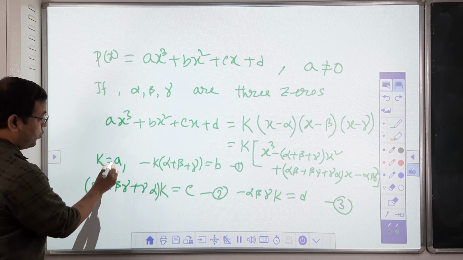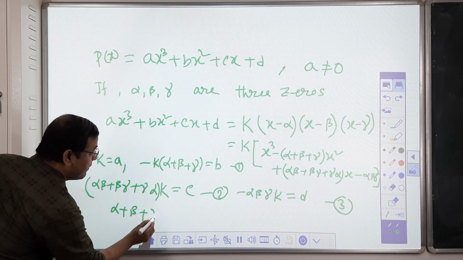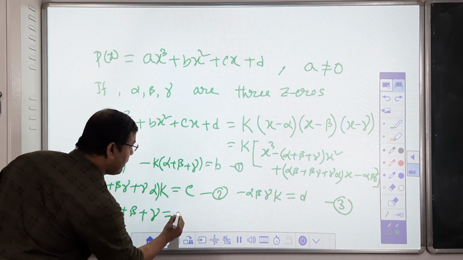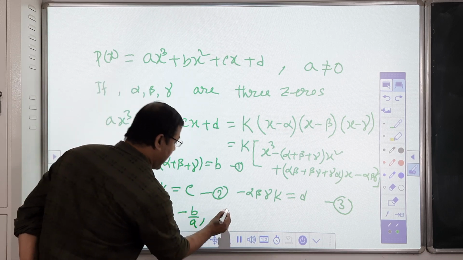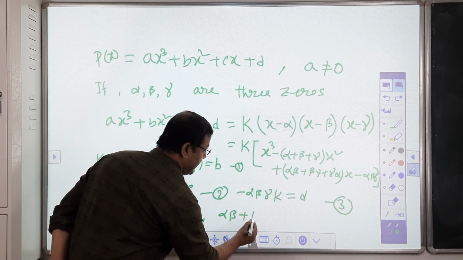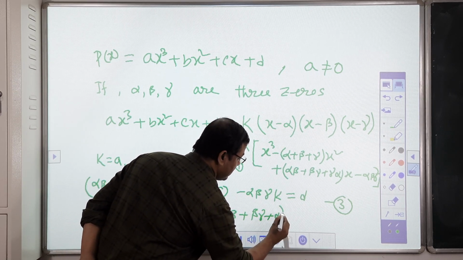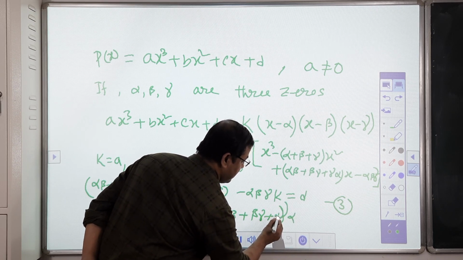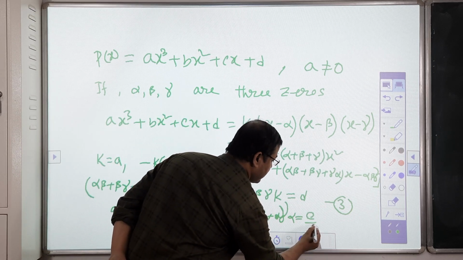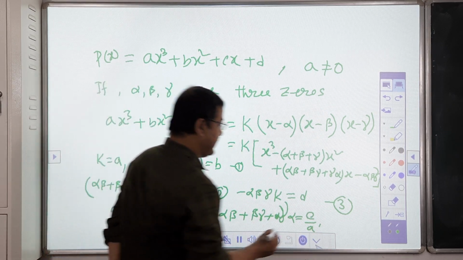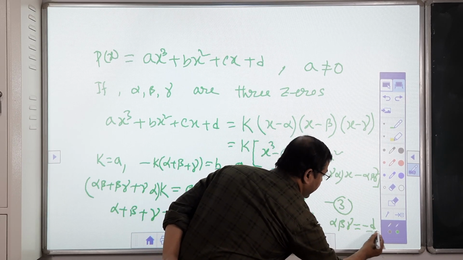So when you put k equal to a, the first relation becomes alpha plus beta plus gamma is equal to minus b by a, and the second relation becomes alpha beta plus beta gamma plus gamma alpha is equal to c divided by a, and alpha beta gamma is equal to minus d divided by a.